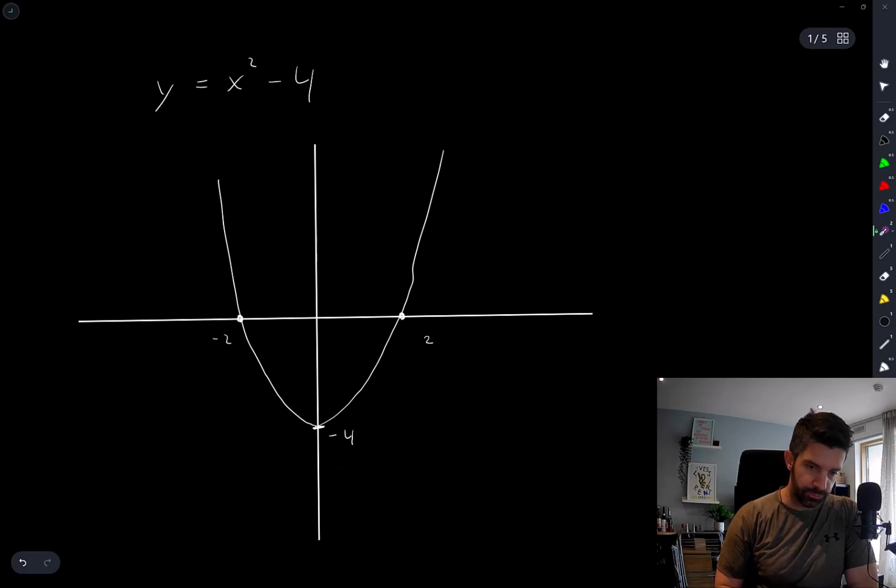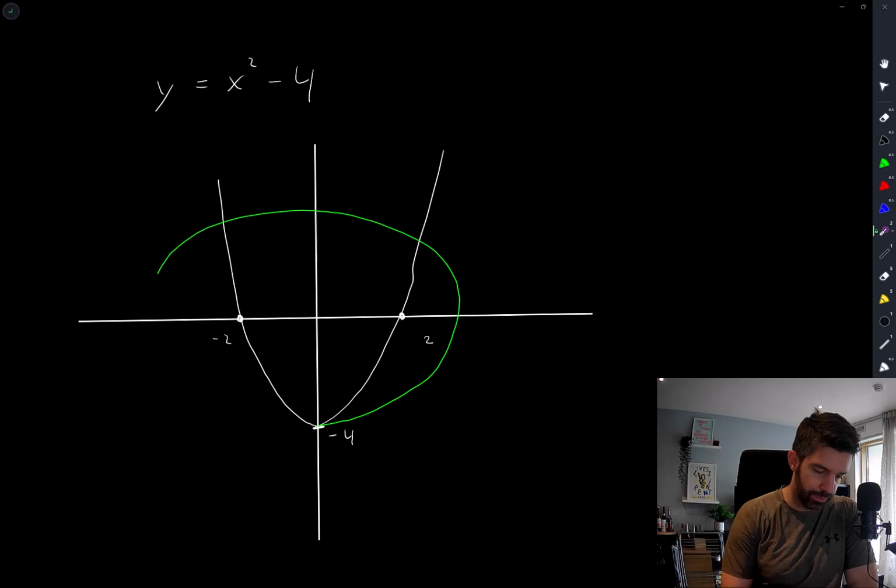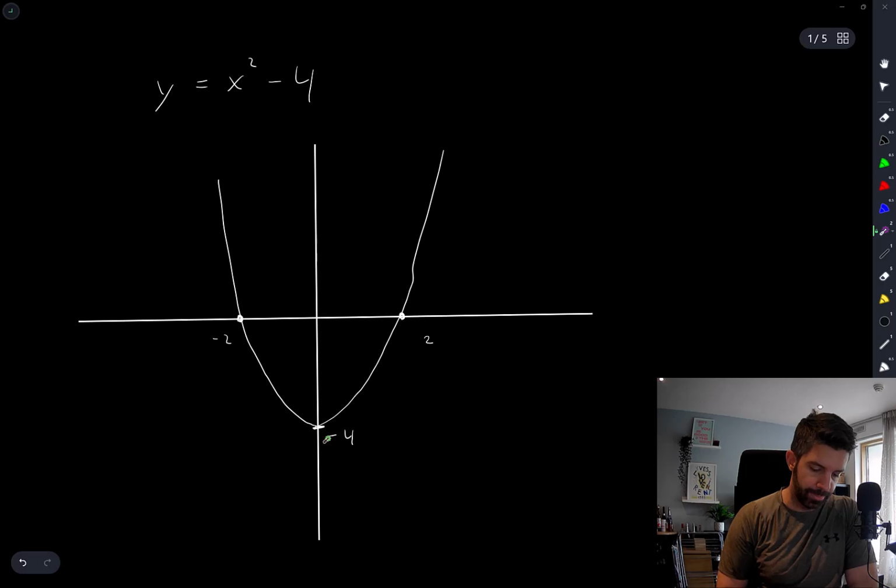If the circle has radius 4, we clearly have 3 intersections. That was a terrible circle, but there you can see what I'm doing here. A circle of radius 4 will have 3 intersections. A circle with a smaller radius, can we get 4 intersections? Is that possible?